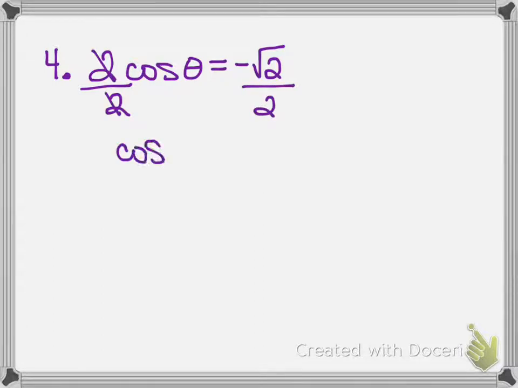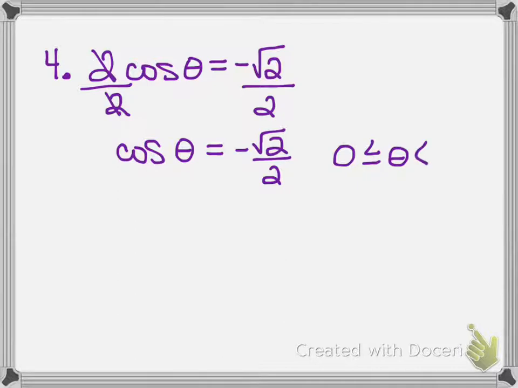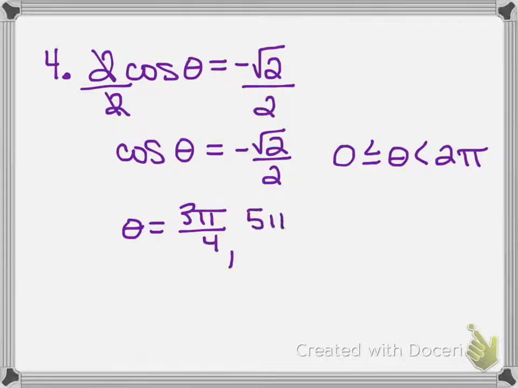And now you would have an equation that says cosine of theta is negative square root of 2 over 2. Now for right now, as we just did on question 2, we were only answering for thetas in between 0 and 2 pi. And so the answers that we would have generated here would have been 3 pi fourths or 5 pi fourths.